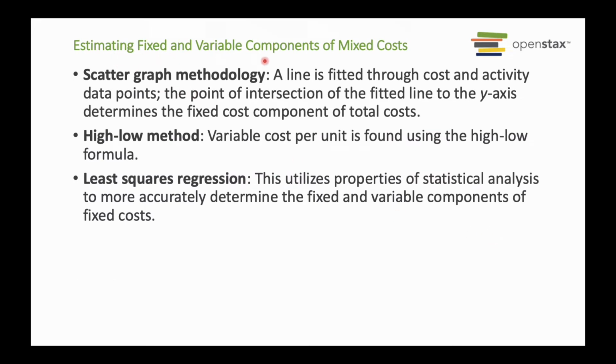Estimating fixed and variable components of mixed costs. If we have a total cost number, how do we break that total cost number down into fixed cost and variable cost? There are three approaches that can be used: the scatter graph approach, the high-low method approach, and the least squares regression approach. In the scatter graph approach, a line is fitted through cost and activity data points.